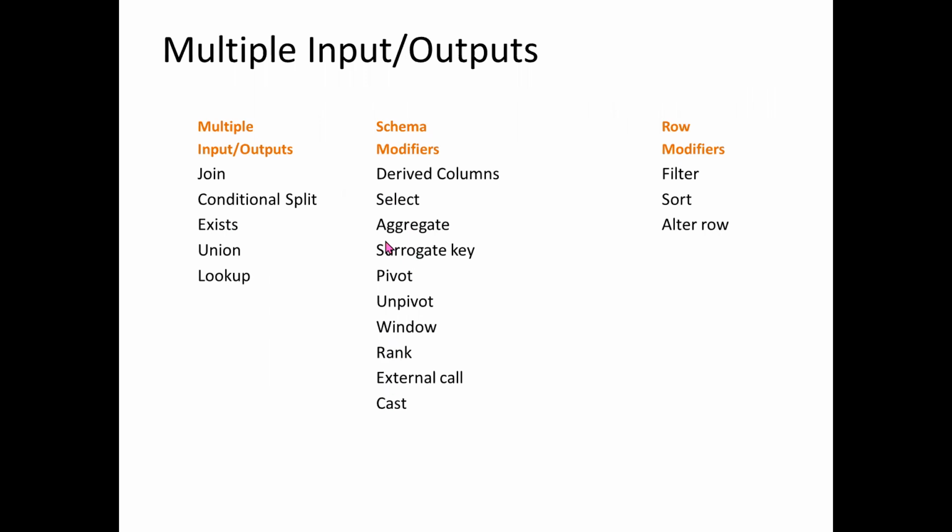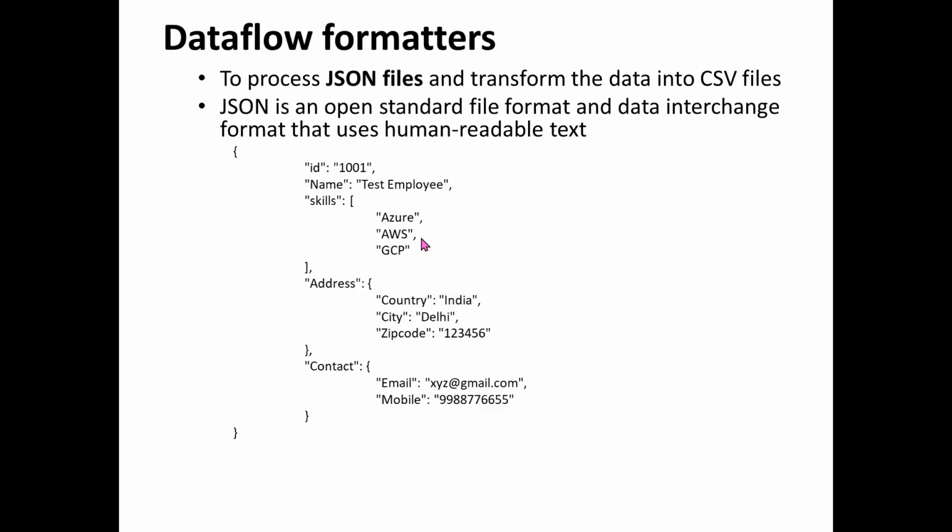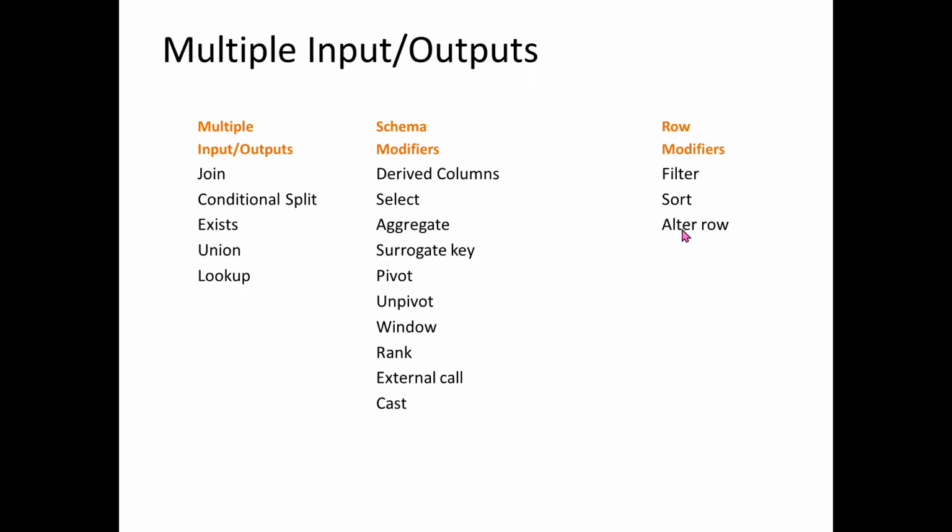All these things we have discussed, and today we are going to discuss the data flow formatters, and also we'll be touching upon alter row. Alter row was kind of a leftover from the previous discussions.